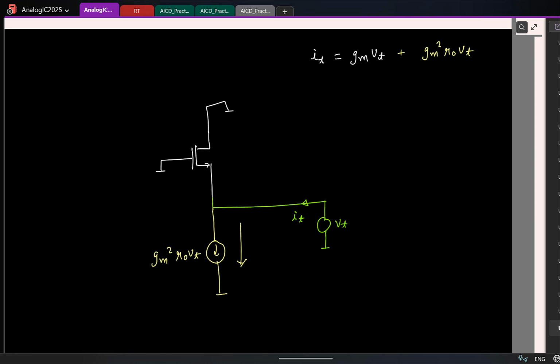But of course, this current is not a constant current because it depends on the voltage. So I cannot have an ideal or constant current source. What kind of current source should I have? Voltage controlled. And how do you make a voltage controlled current source? MOSFET. A transistor for small signals is a VCCS. So I'll replace this with a MOSFET. So I'll put an NMOS.